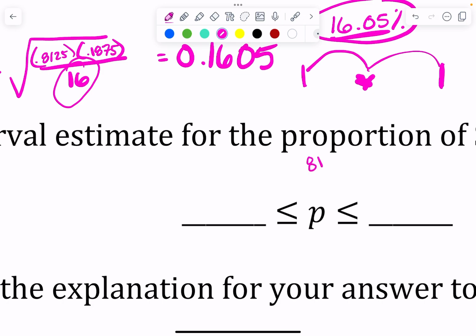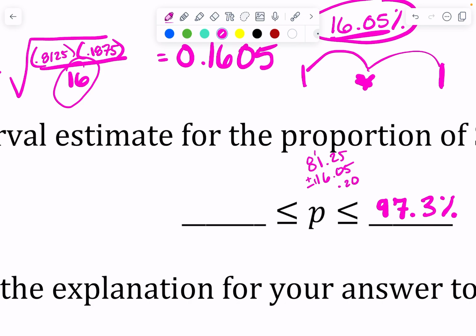So if you want to do 81.25 and add and subtract 16.05, write it as a percentage or as a decimal, I don't care which one. If I add, that is 97.3%, and I can't subtract that. Or maybe I can. Yeah, I can.